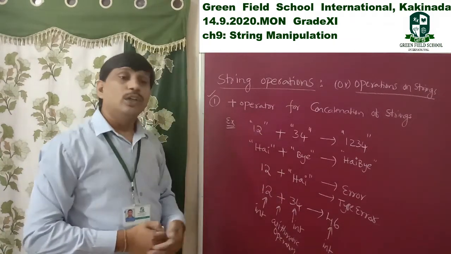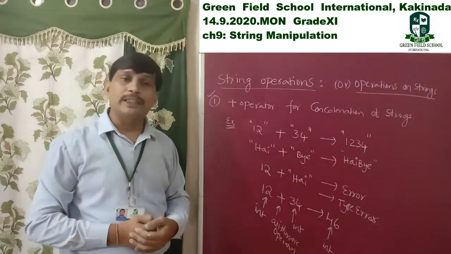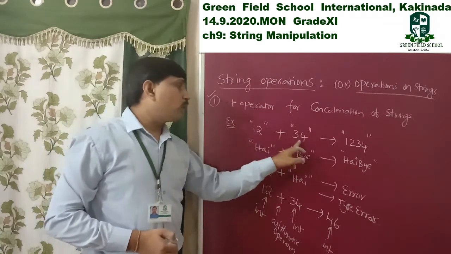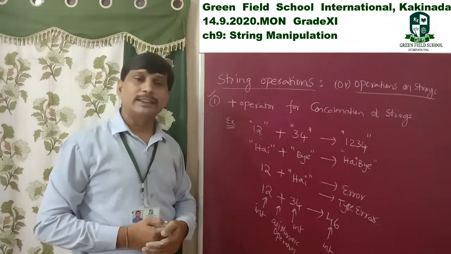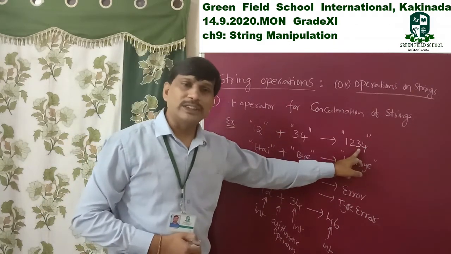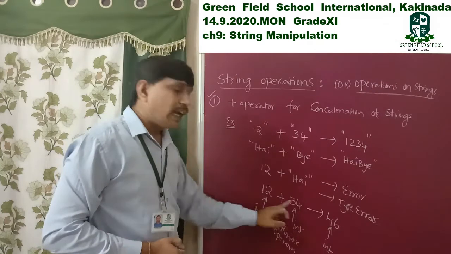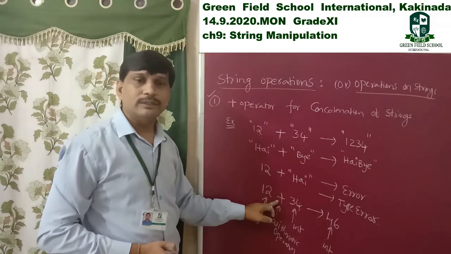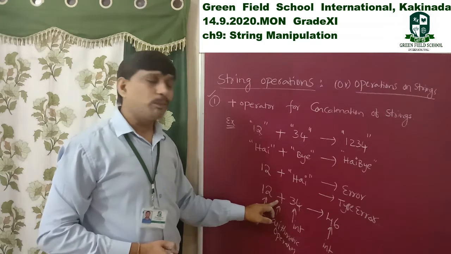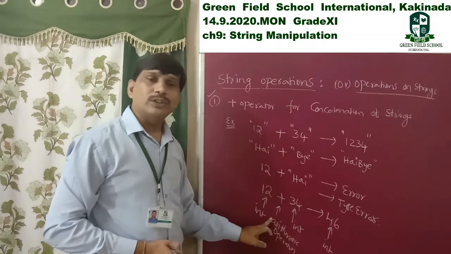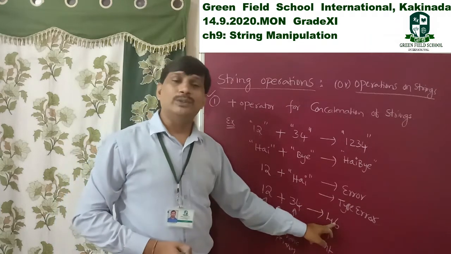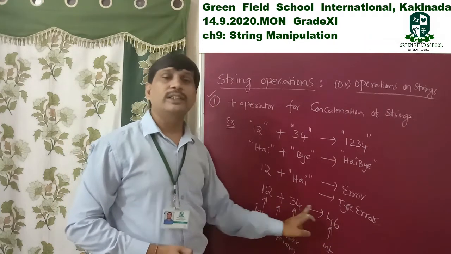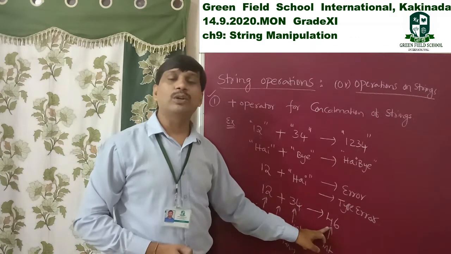See, observe here. When we apply the concatenation operation, we check the two operands. If both operands are strings, it returns one new string. If both are integers, it does not act as a concatenation operation. Here both are values, so it returns addition of the two values.